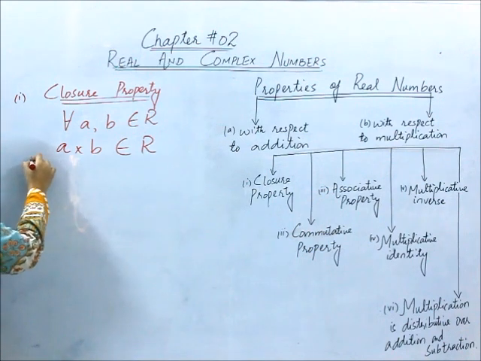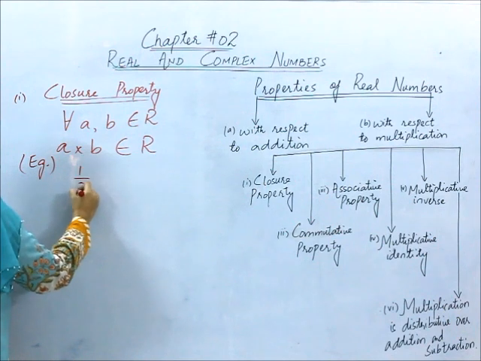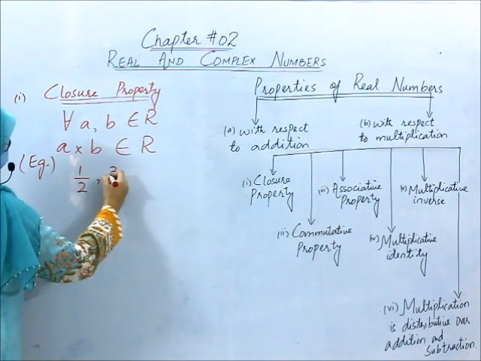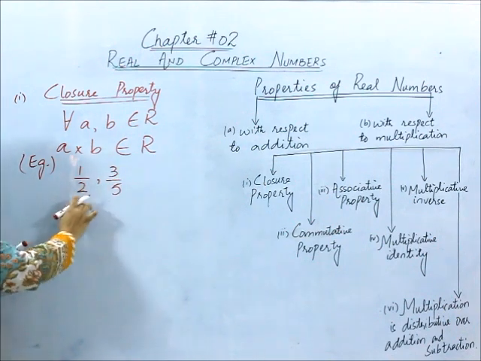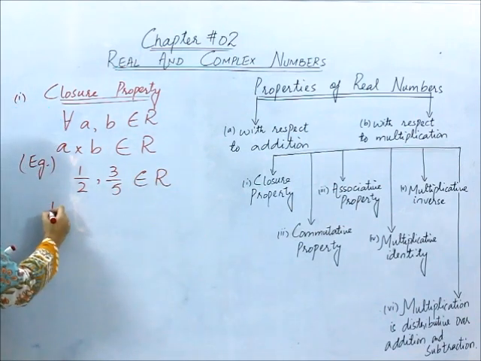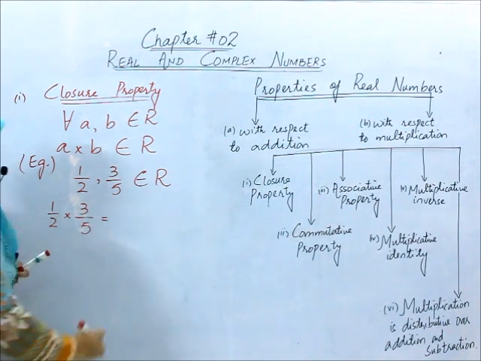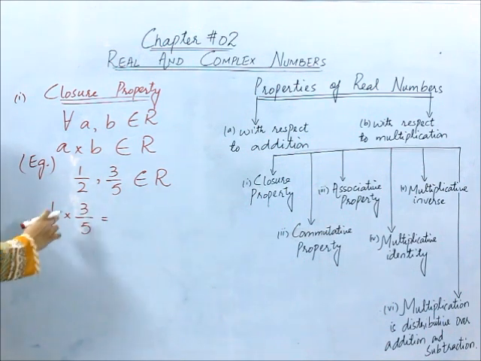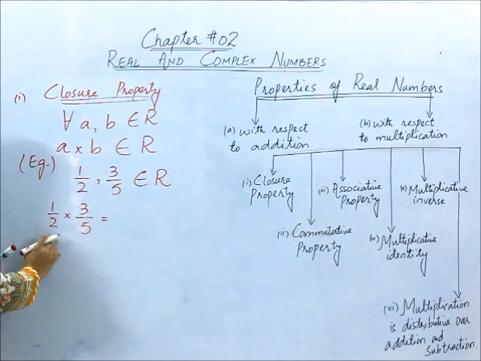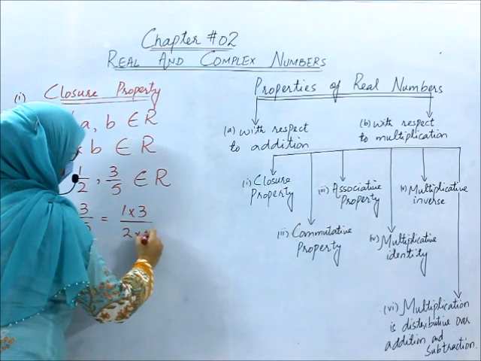For example, if we have any two real numbers, for example 1 by 2 and 3 by 5, these are real numbers? Yes, they belong to the set of real numbers. So when we multiply these numbers, what would be our answer? Numerators would be multiplied with numerator and denominator with denominator. So 1 into 3, 2 into 5.